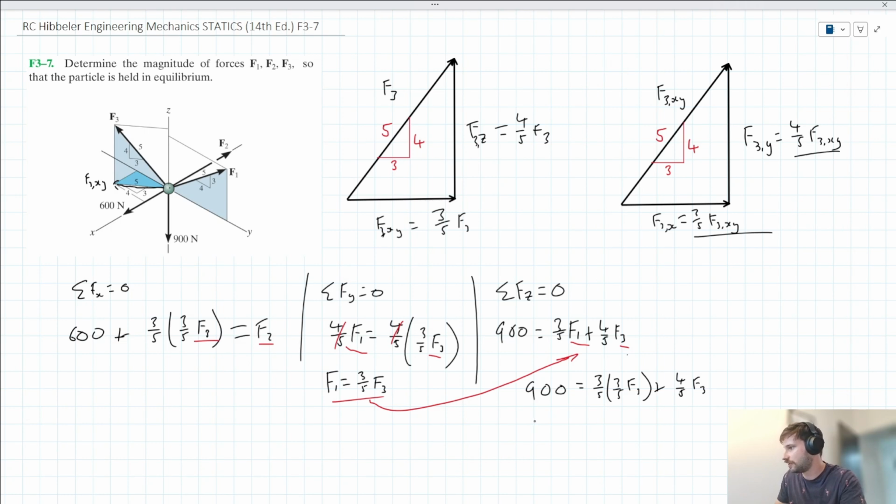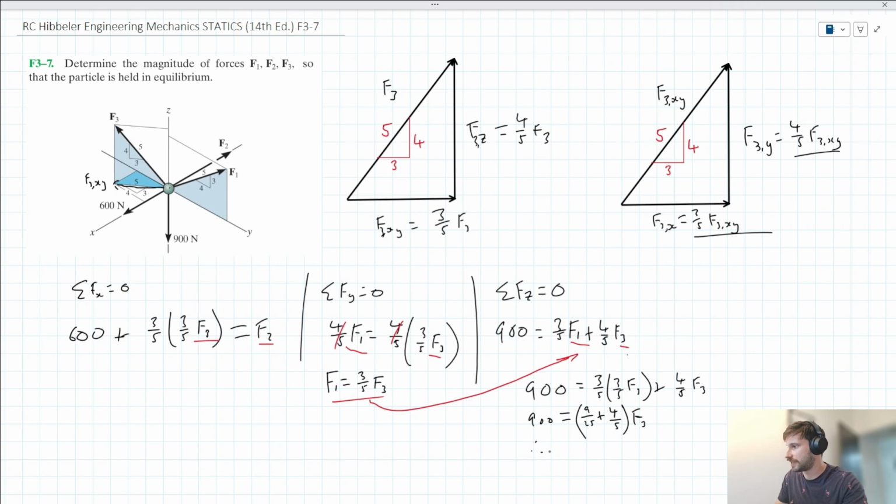So let's go ahead and do that. We can say 900 is equal to 3/5 of 3/5. That is 9/25. We can kind of do two steps in one, really. So I've simplified this 3/5 of 3/5 down to 9/25. I've taken that 4/5 and I'm going to carry out a factorization all in one. Okay, so we're left with this idea here.